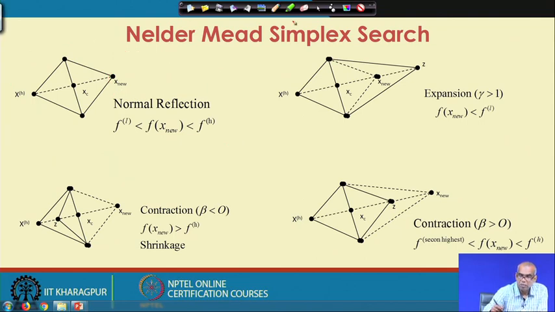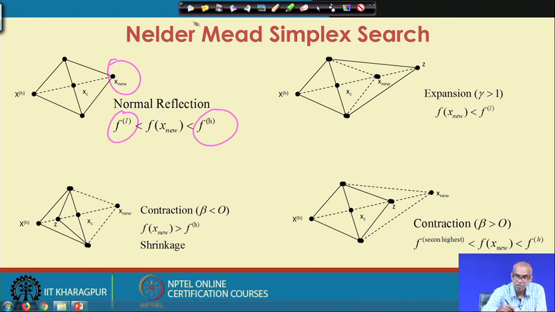Here I represent x h as the point where function value is highest, and x l as the point where the function value is lowest. So, normally we will expect that the function value at x nu will improve.